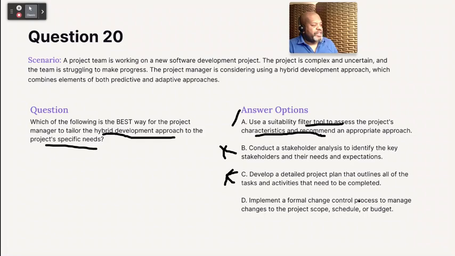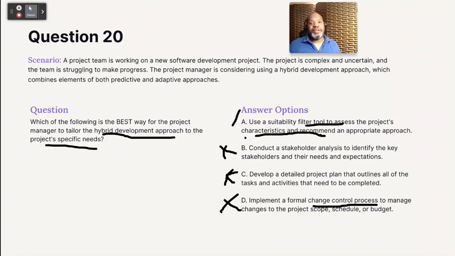Implement a formal change control process to manage changes to the project budget. I don't like that one at all either because we're trying to come up with the best solution to manage the approach, not change controls. That's after we've determined the approach. So we don't like D. We don't like C. We didn't like B, so I think A is the answer.